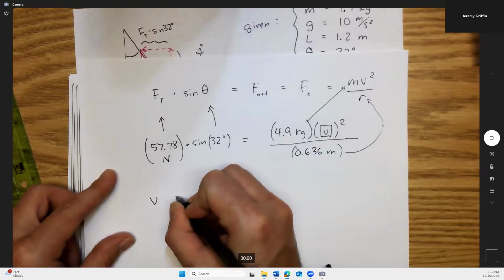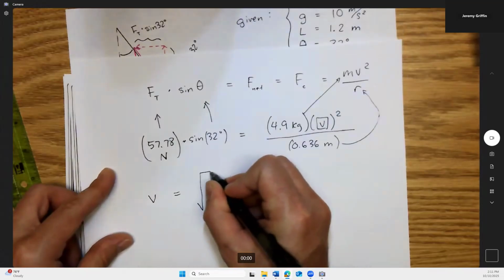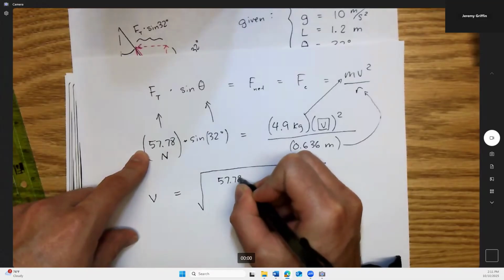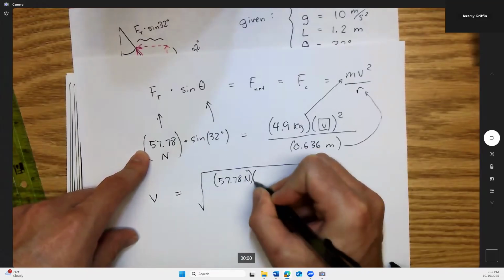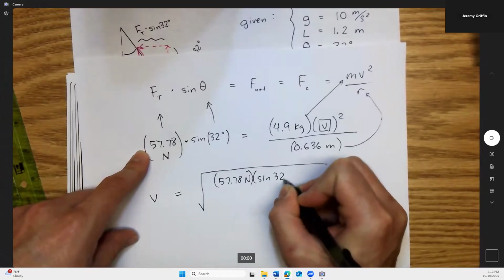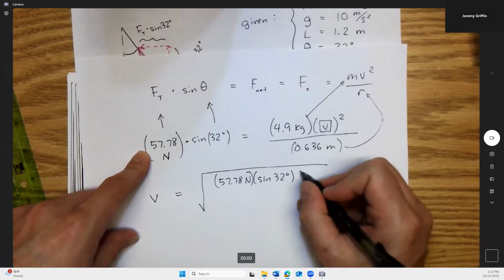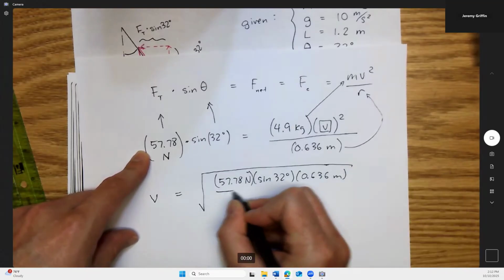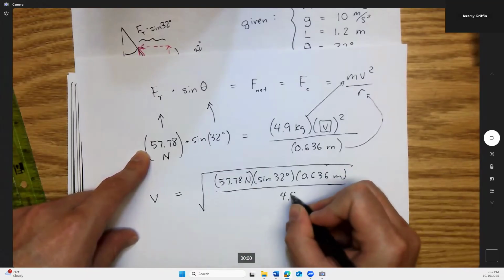So V equals the square root of 57.78 newtons, sine of 32 degrees, 0.636 meters, and then divide by 4.9 kilograms.